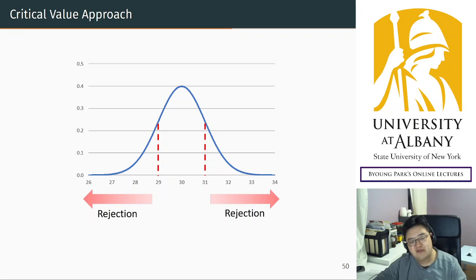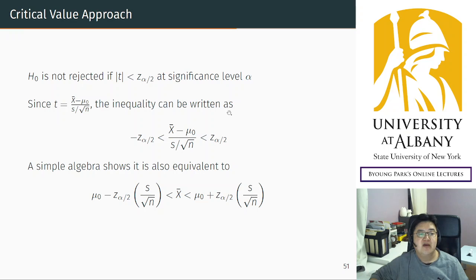But if the difference is greater than plus minus 1, then you are going to think that the difference is too significant, so you will reject the null hypothesis. That's the structure of this decision making. The rejection region is this area and this area, outside the critical values. Then again, what remains is how to determine the margin.